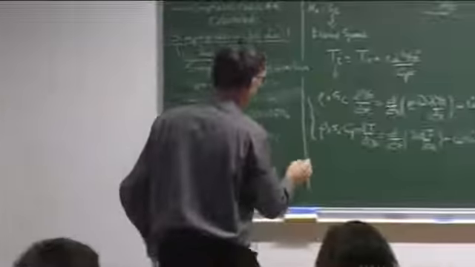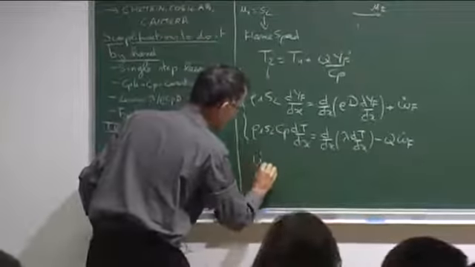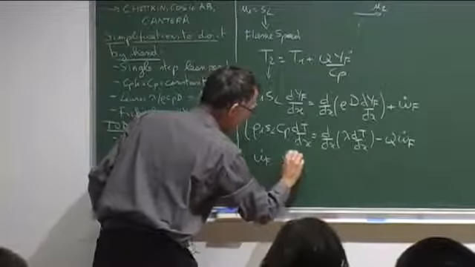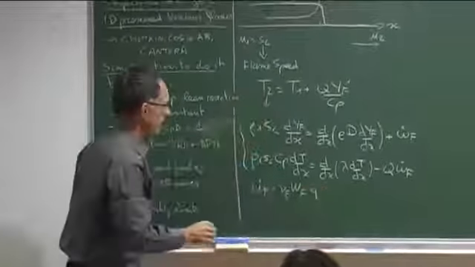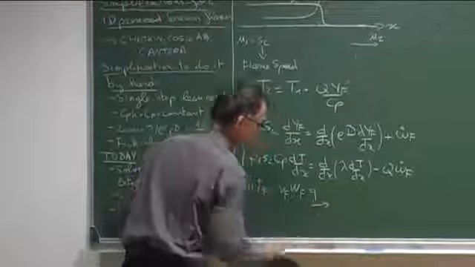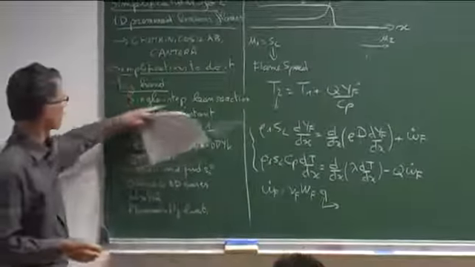So let me also here add what omega dot F must be. Omega dot F is nu F WF multiplied by q, where q is the progress of the single reaction. We have a single reaction here.